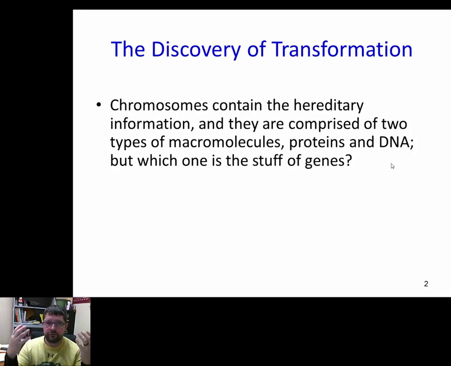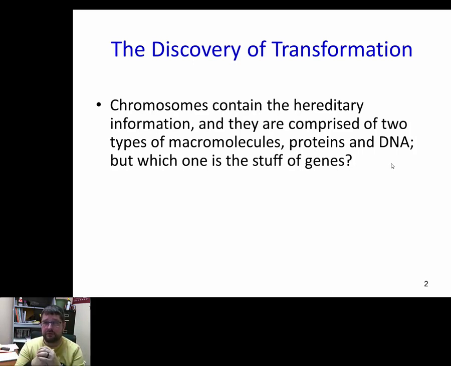But there was still this piece missing. And the piece missing was, we know that DNA has this connection to proteins, or at least we thought there was this connection between proteins and DNA.